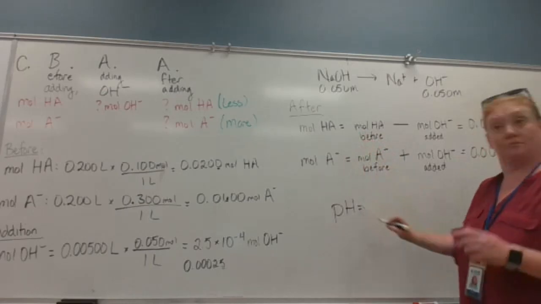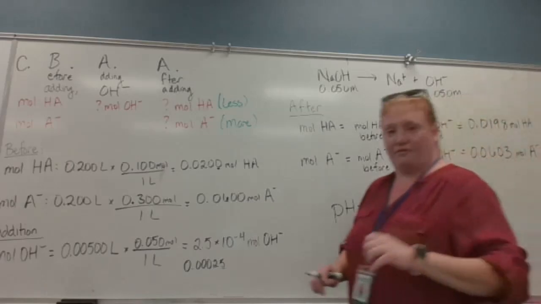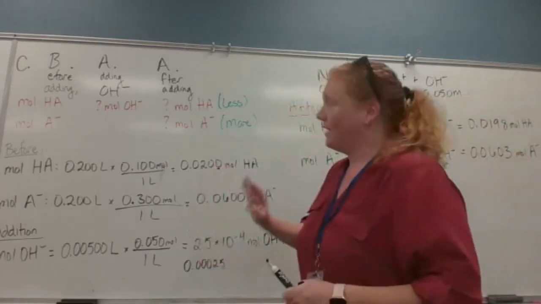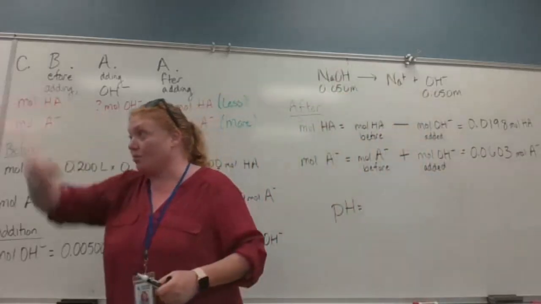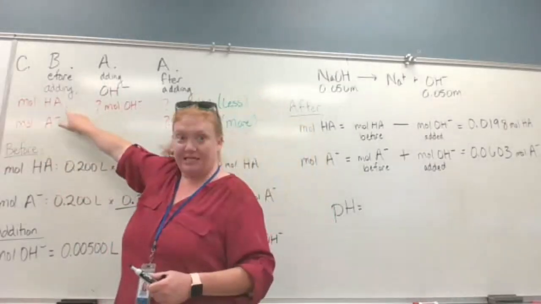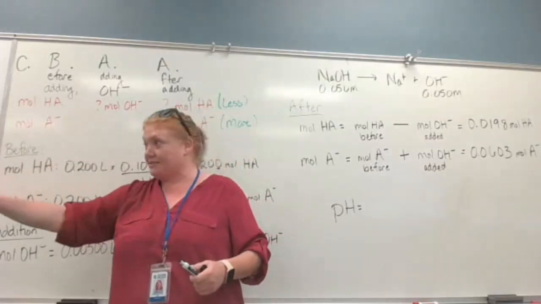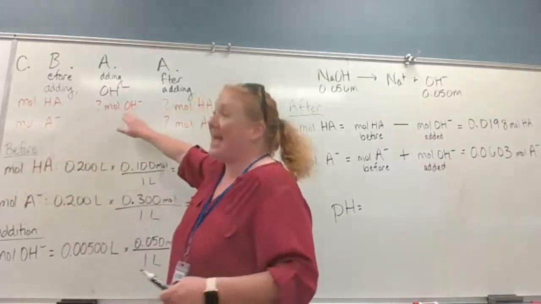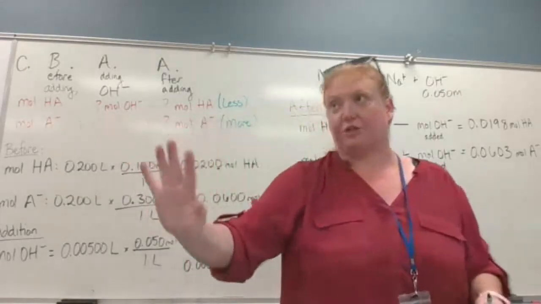Let's see. Okay, I'm glad you asked this. pOH is when the buffer system is a weak base. My buffer system is acetic acid and the acetate ion. My buffer system is not a base. My buffer system is an acid. I added a base to it, but that does not mean we use pOH here.